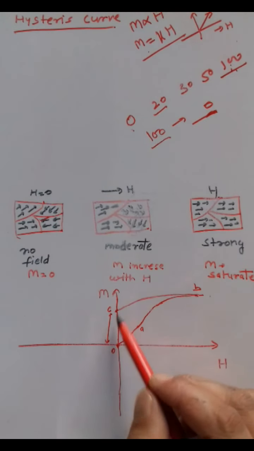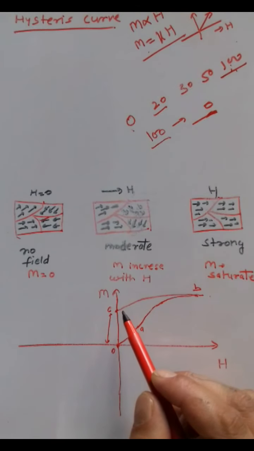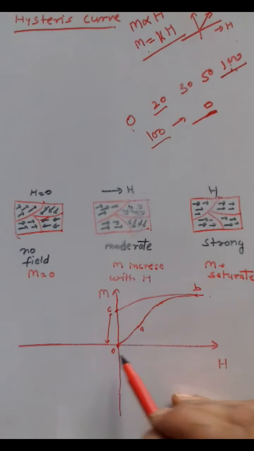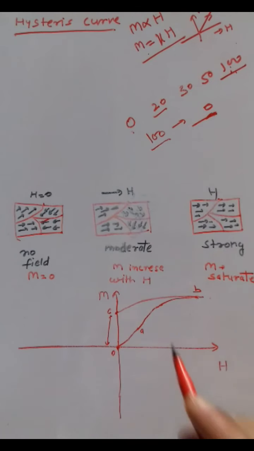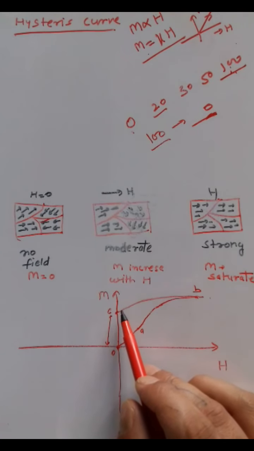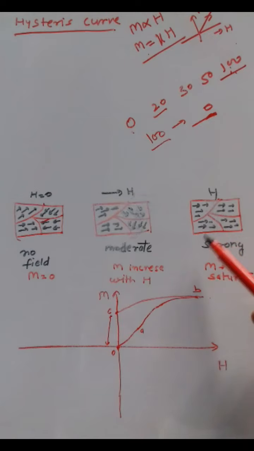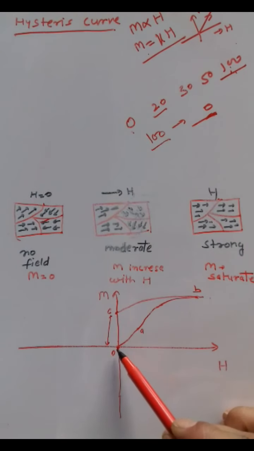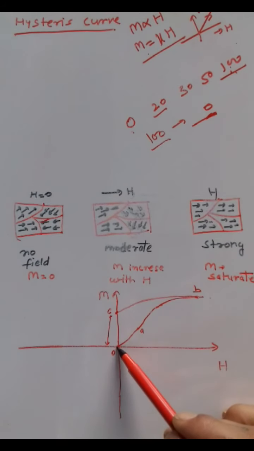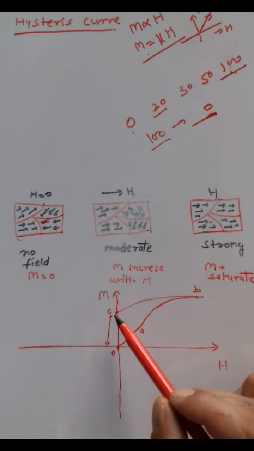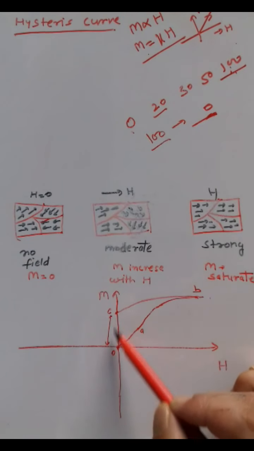This is called the retentivity of that material. Retentivity means the value of magnetization M when the external field is 0. If we decrease the external field H, these oriented domains again try to orient randomly, and when we decrease the applied field to 0, there is some magnetization left.